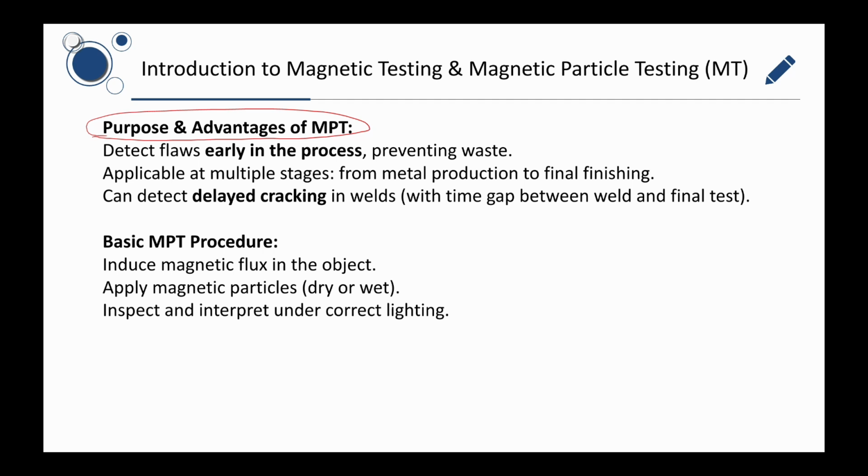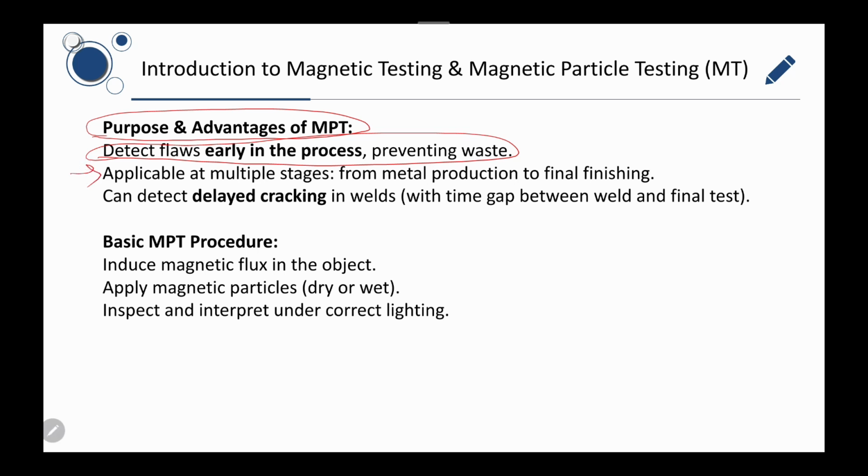It's highly effective at identifying cracks, seams, laps and porosities at the surface or just below the surface. Detect flaws early in the process, preventing waste. Detecting these issues early helps prevent defective materials from moving to the next stage of production or service.